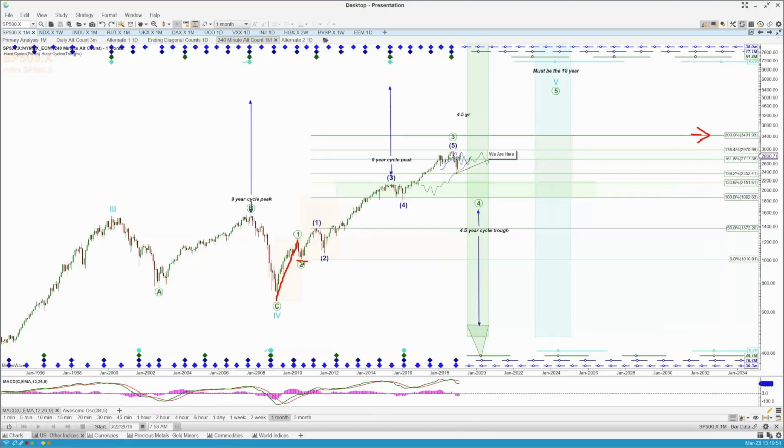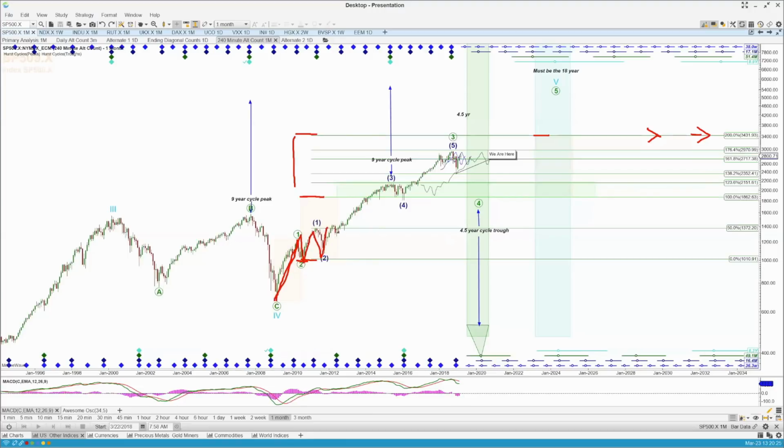But if we take this box here and put it so that the bottom's on the wave 2 here, and if we do the same again where we take the top of this box and add another one here, that's what I've done here. And that gives us a level of 3431.93 S&P 500.